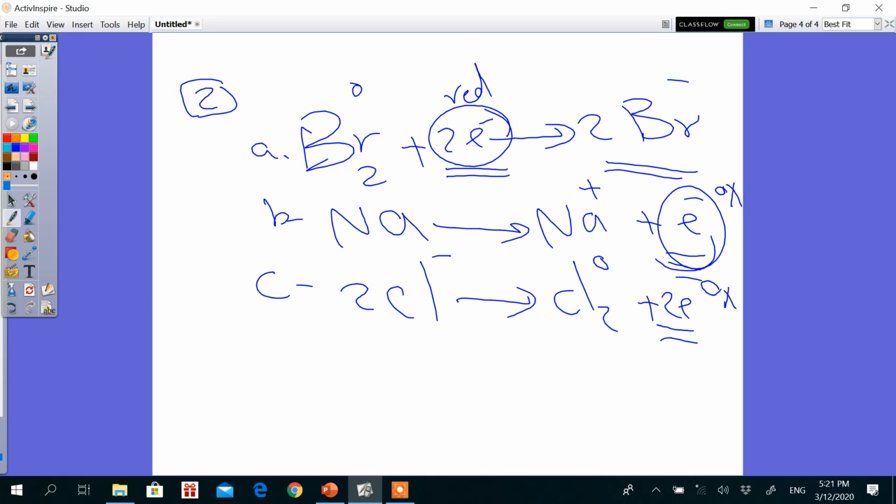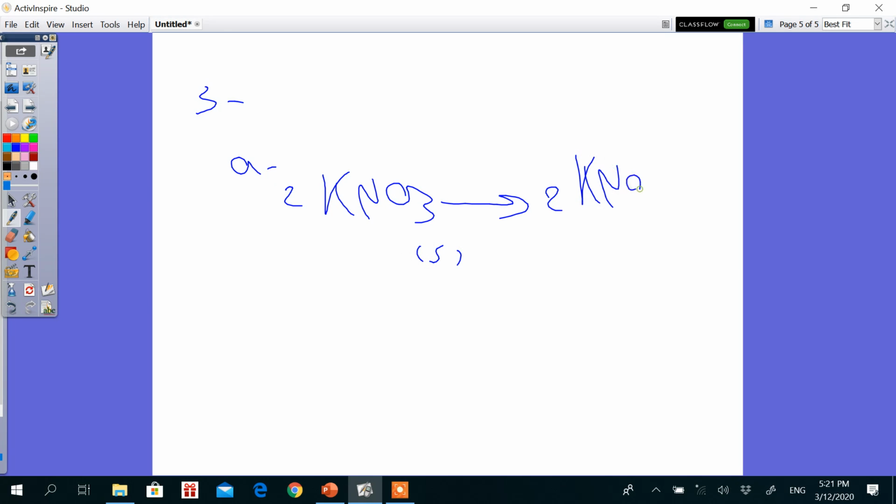We will solve the last example, number 3. Which of the following equations represent a redox reaction? Number 3A, I have KNO3, my potassium nitrate solid, changes into potassium nitrite KNO2 plus O2 gas.